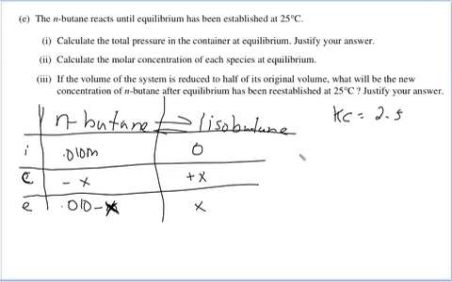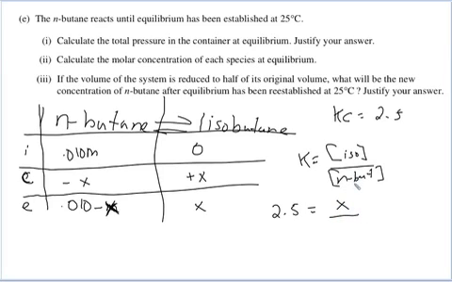Now we can plug these into the equilibrium expression we wrote before, which was isobutane over N-butane. Kc is 2.5, and that's equal to x over 0.010 minus x. If we multiply 0.010 minus x by 2.5, we get 0.025 minus 2.5x, which is equal to x.